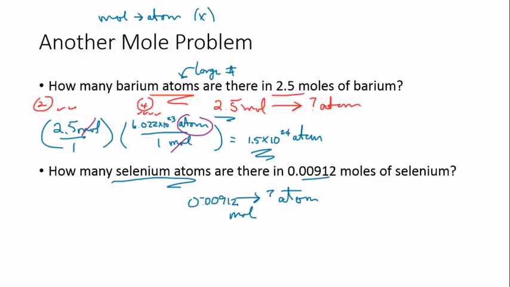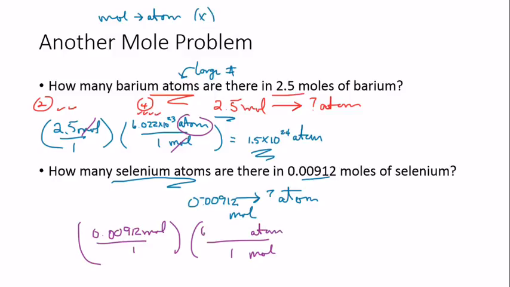Okay, so that moles is going to be my first term. 0.00912 moles. I'll put it over 1. And I want units of moles to cancel. I want to be left with units of atoms. And then I just fill in 1 mole is equal to 6.022 times 10 to the 23rd.